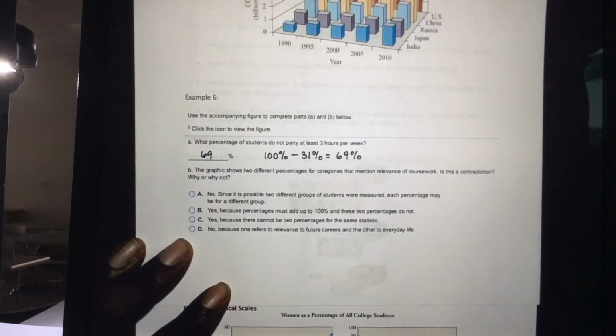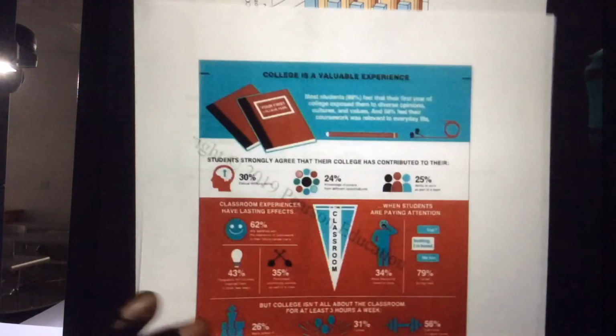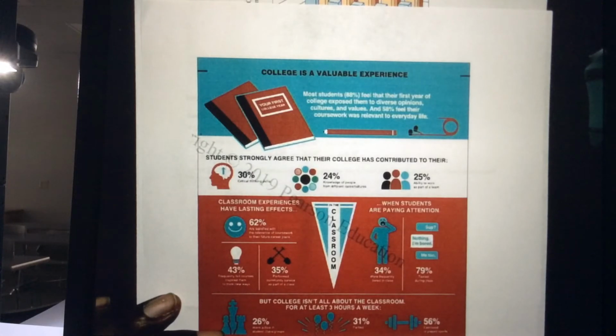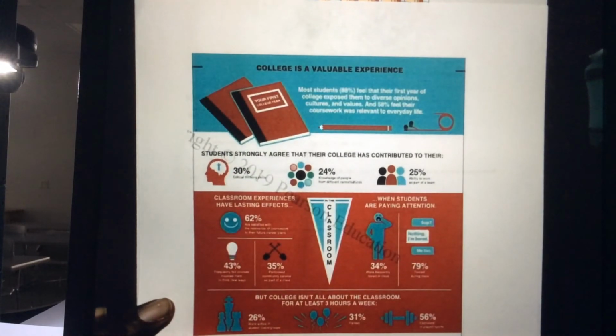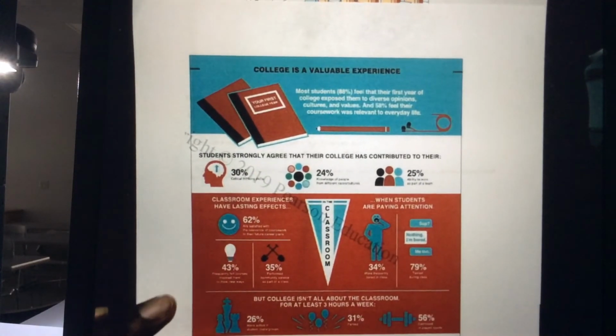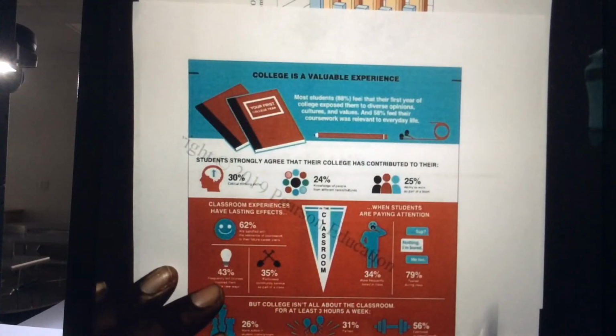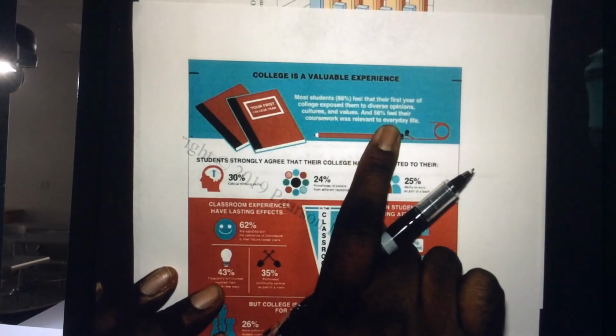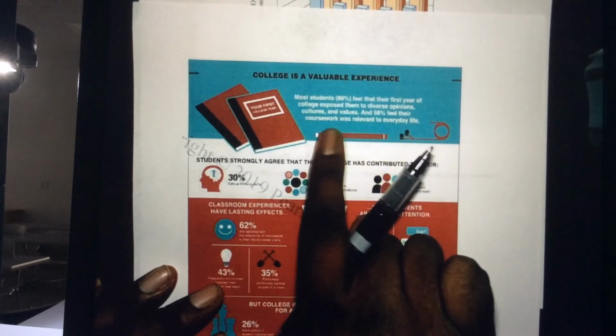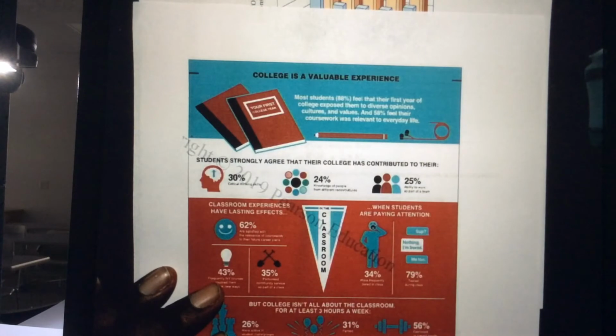And now part B, the graphic shown shows two different percentages for categories that mention relevance of coursework. Is this a contradiction? Why or why not? Okay, so if I go back to this, it does say here, 58% feel their coursework was relevant to everyday life.